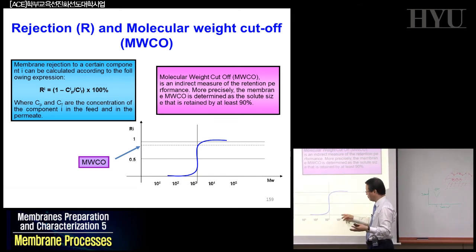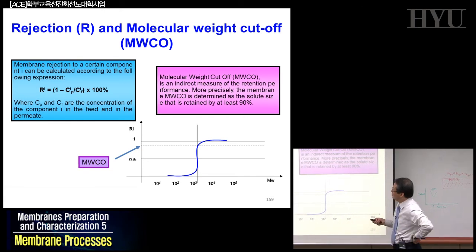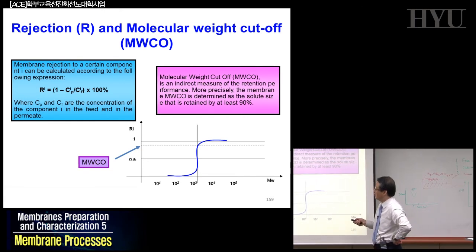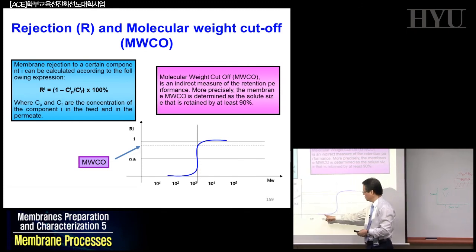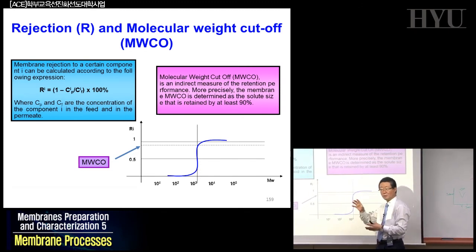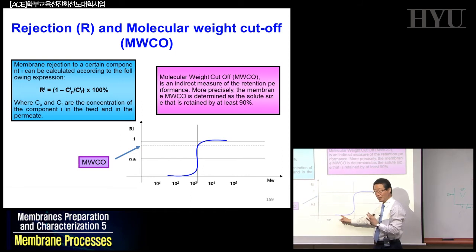So if you have 3 or 4 or 5 different solutes, which are defined as I, then you feed those solutions with a given concentration CF, and through those membranes you measure the concentration of the permeate, CP, and calculate them.